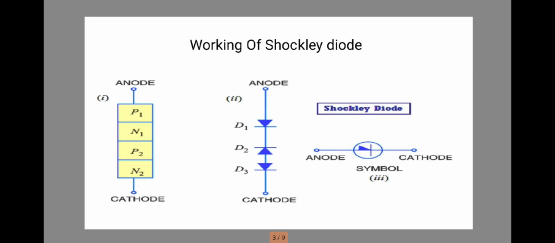When the Shockley diode is reverse biased, the anode is negative with respect to the cathode. Diodes 1 and 3 would be reverse biased while diode 2 would be forward biased. If reverse voltage is increased sufficiently, the reverse voltage breakdown point A in the figure is reached.